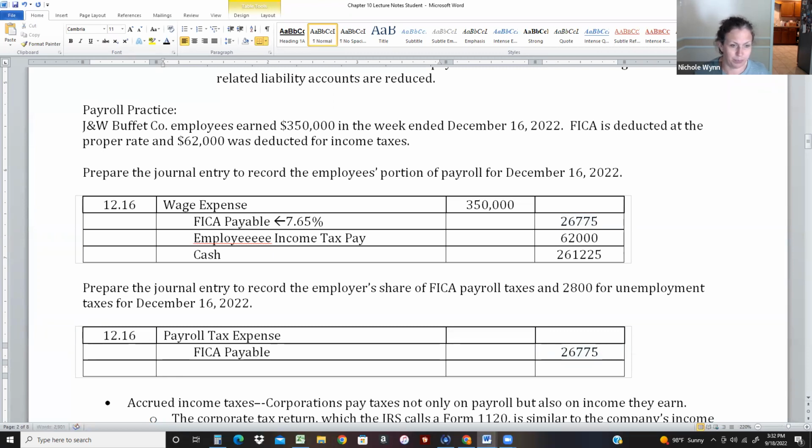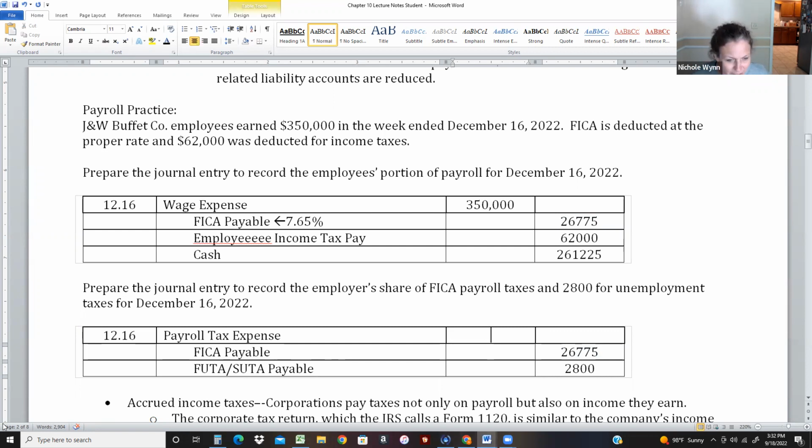Then we'll pay FUTA and SUTA. So you can call it FUTA payable, or unemployment tax payable. That's fine. If you want to call it FUTA/SUTA payable, that's fine too. So that number will be given and it was 2,800.